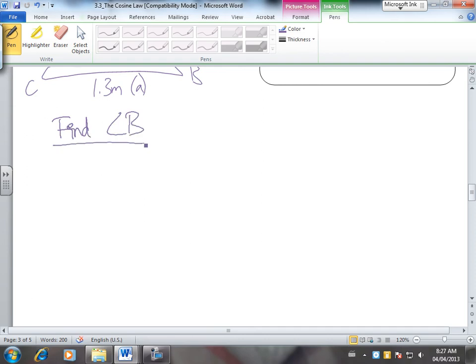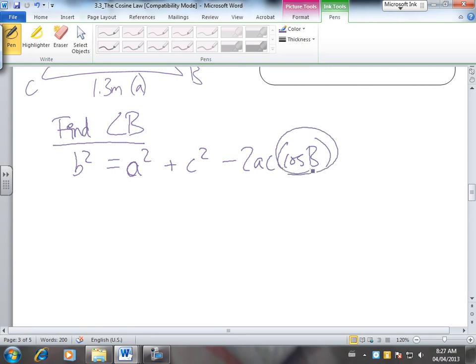We'll use b squared equals a squared plus c squared minus 2ac cos B. Remember that this is what we're looking for, so this is what we're going to have to isolate by itself. So let's fill in all our values and then get it by itself.